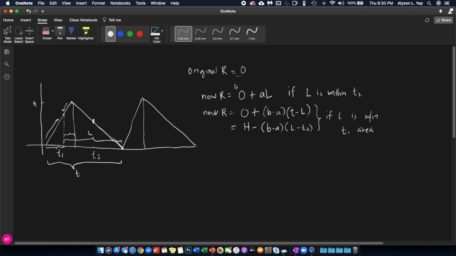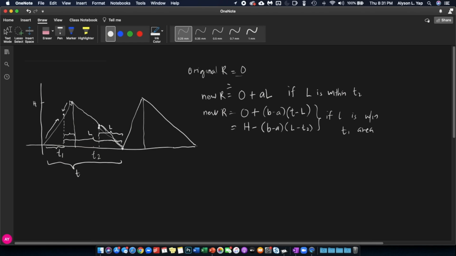In fact, to make it complete, assuming that L is within T2, then the new reorder point can actually be computed using this reference point. So assume that L is here. If your L is within T2, then again, you're looking for this point. Let me erase this. Oops, sorry. You're looking for this point.